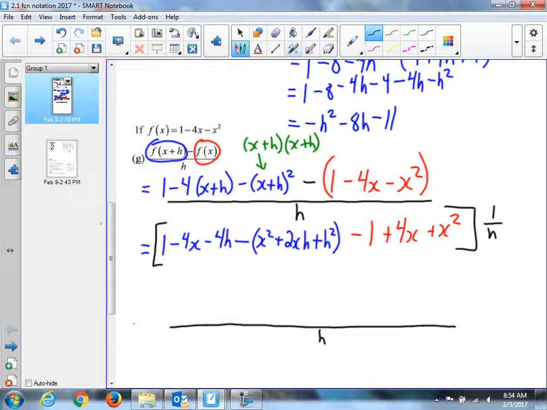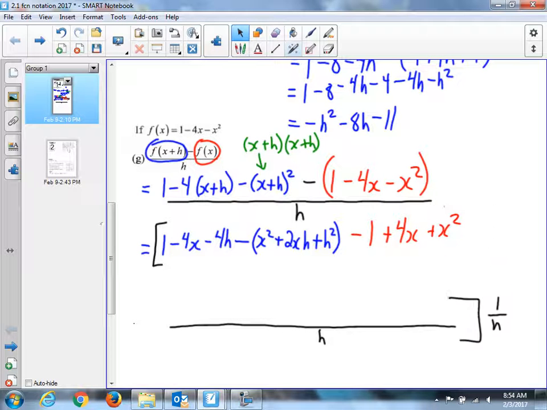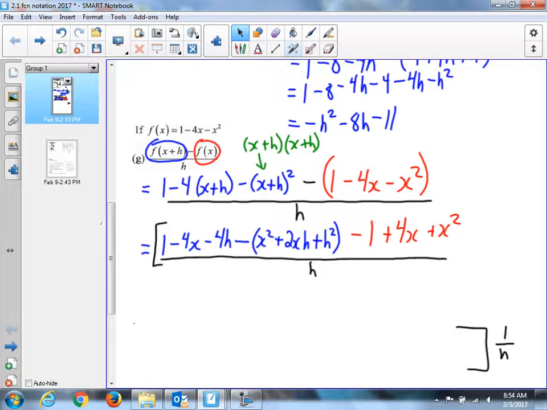Because some people hate having a big fraction, or sometimes it's actually easier to think of it this way. Now, like I said, I'll put it back the other way, but 1 over h, if I multiplied that through this bracket, in a sense, we'll just end up with this anyways, right? But some people like it because you can do it on one line and squeeze it. Okay.